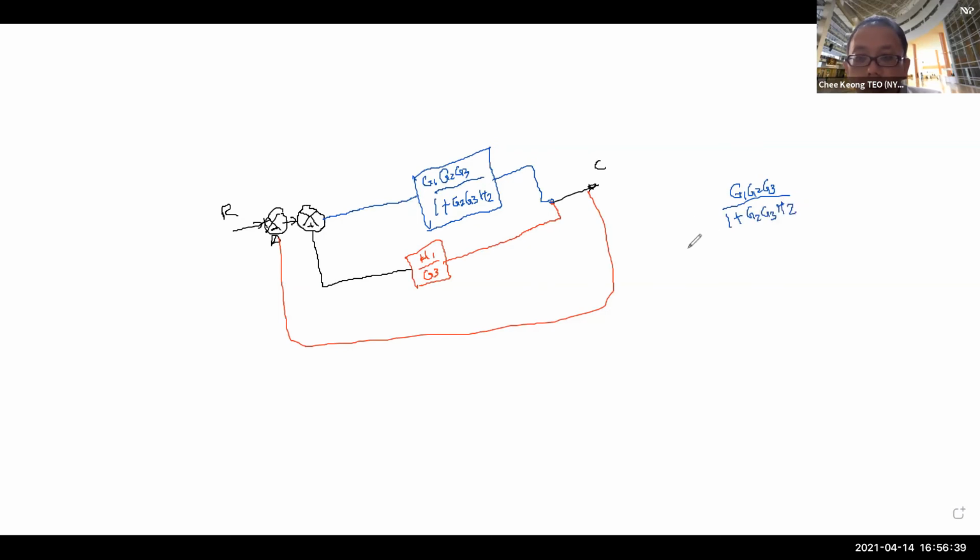This is your G, over 1 minus, because this is a positive feedback here, G1, G2, G3 over 1 plus G2, G3, H2, multiplied by your feedback, which is H1 over G3.